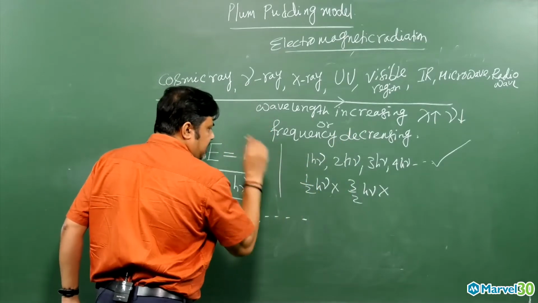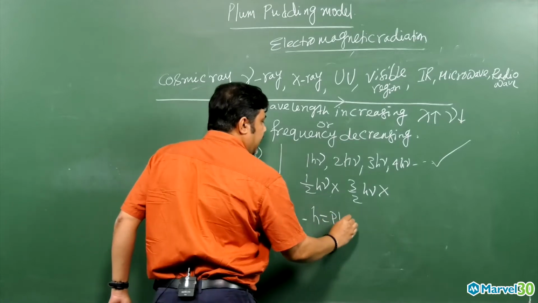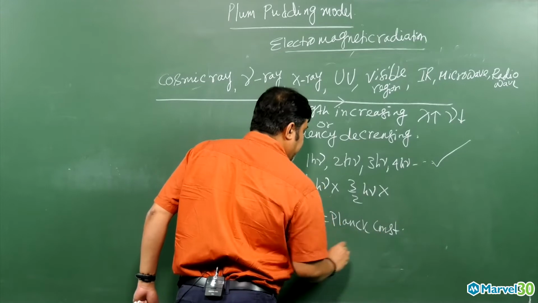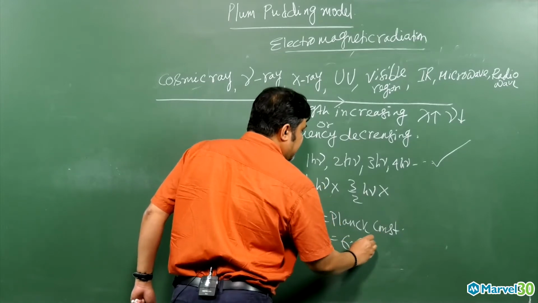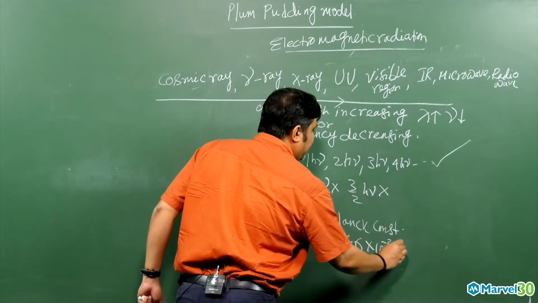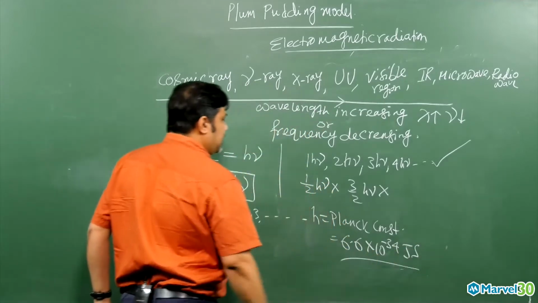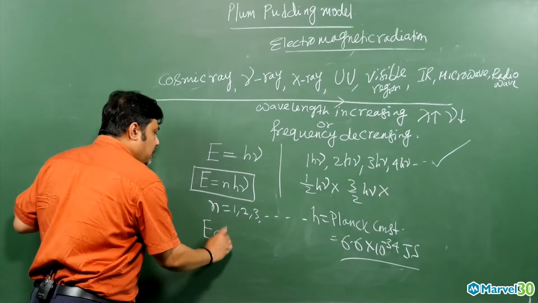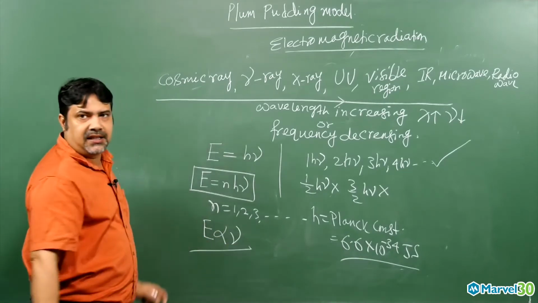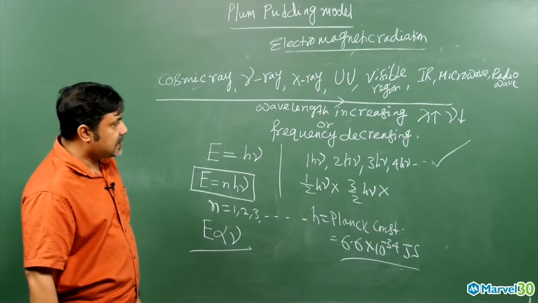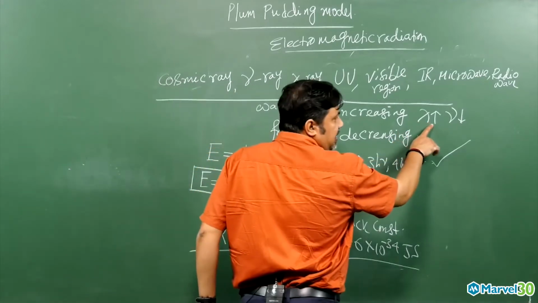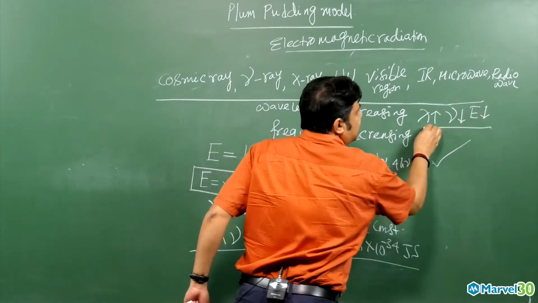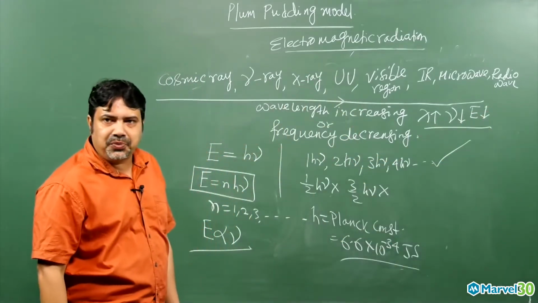Because h is the Planck constant, and its value is 6.6 into 10 to the power minus 34 joule second. So when h is a constant, energy is directly proportional to the frequency of emission or radiation. From here we can write that when the wavelength is increasing, frequency is decreasing, that means energy will decrease.